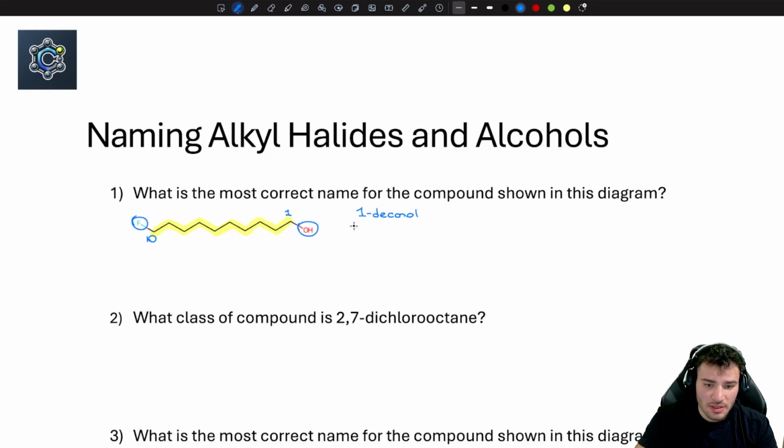The only other substituent that we have here is 10-fluoro. And so if we put this all together, our final name is 10-fluoro-1-decanol. This name includes our fluorine substituent on the number 10 position, our parent chain, which is decane, and that hydroxyl on the number 1 position.